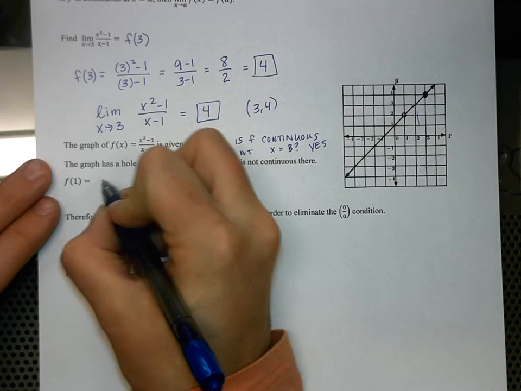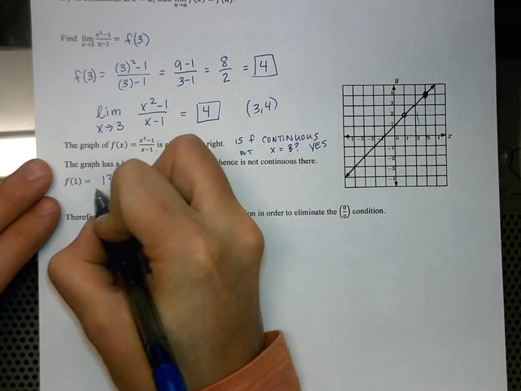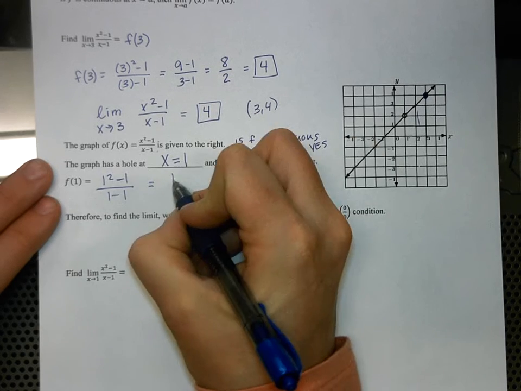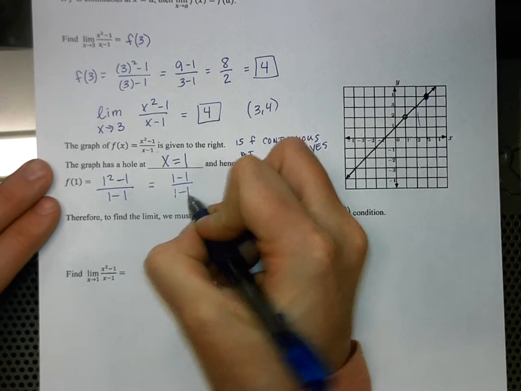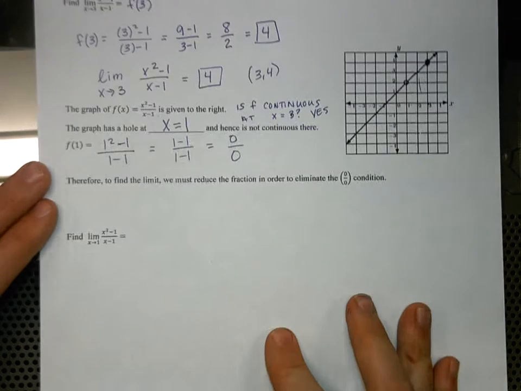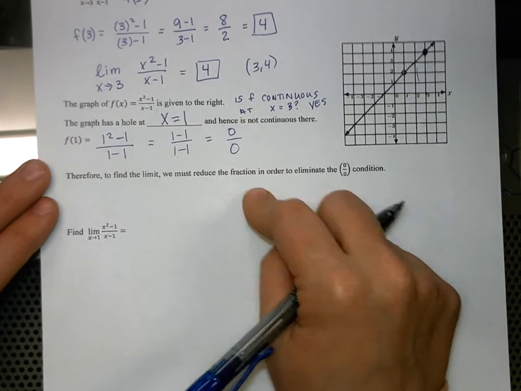So if I find f of 1, I'm doing 1 squared minus 1 over 1 minus 1. 1 squared is 1. So I get 0 over 0. Well, that's not going to help me because that's undefined.